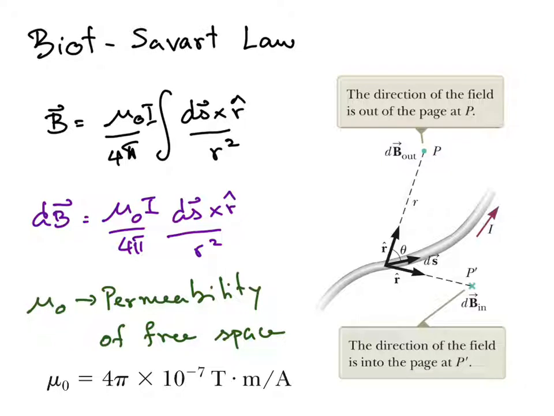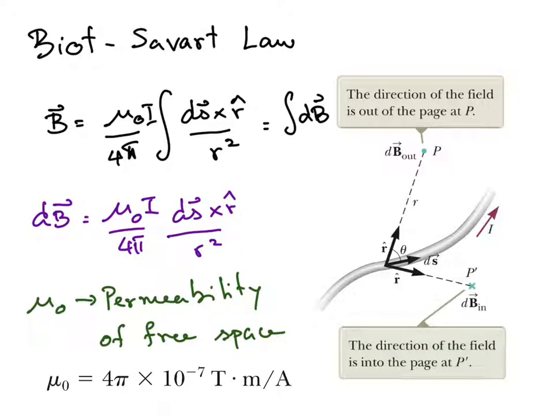If the current changes with time, another phenomenon happens, but we will not be interested in that now. Since I is constant, mu0 is constant, and 4 pi is constant, we can take all of these constants inside the integral and rewrite this expression as the integral of dB, where dB is this term.